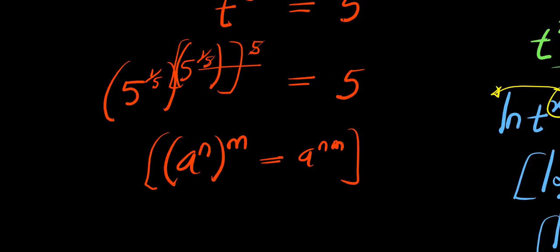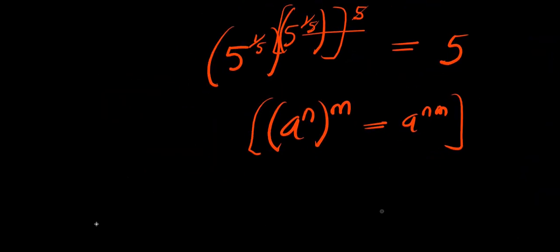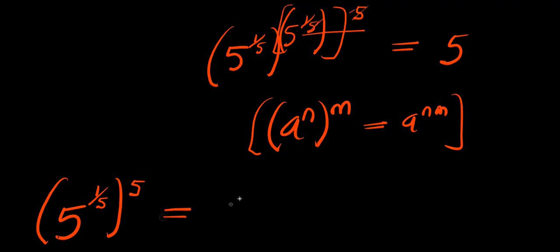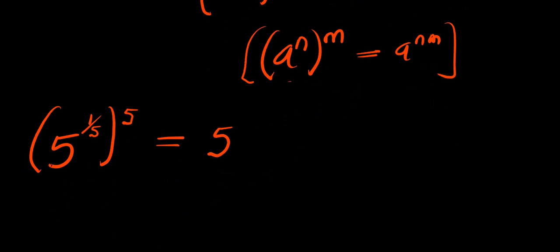So that means we are simply going to have 5 raised to the power of 1 over 5, and this is raised to the power of 5, this cancels this. We have 5. Will this give us 5? We still consider this identity again. 5 times 1 over 5, cancel this again. So we have 5 equals 5.